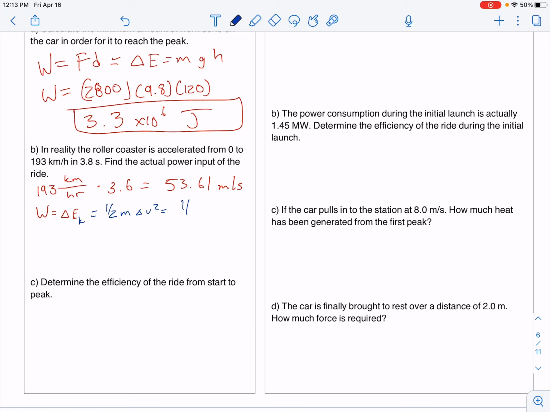Plug in our numbers. Don't forget to square your velocity. And then we get 4,024,000 joules. All right, so notice, not the same number.